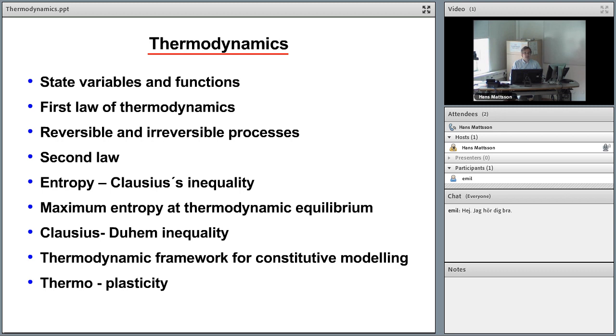So I have tried my best to make it understandable, but I have made a jump, and you have to read all these chapters to be able to understand everything in detail, I think. All these points are important in this lecture.